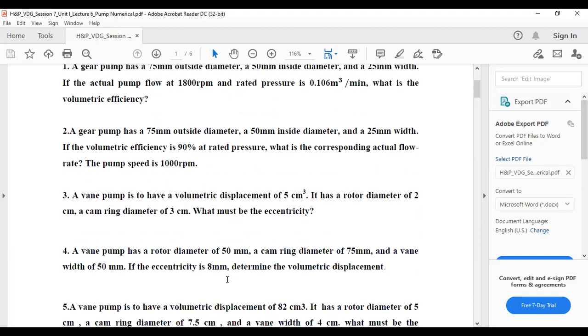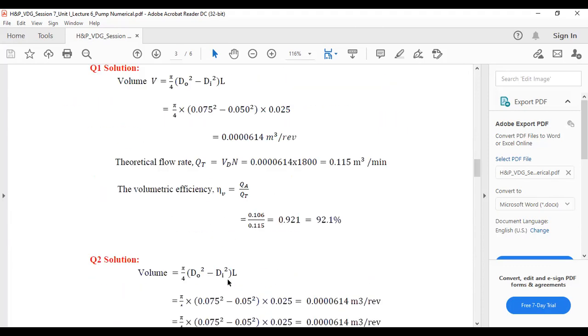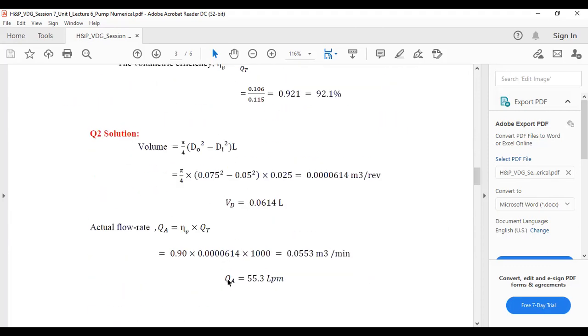Same problem here. Volume is calculated by outer diameter and inner diameter, squaring both, into pi by 4 into L. After putting values, we calculate VD as 0.000614 meter cube per revolution.